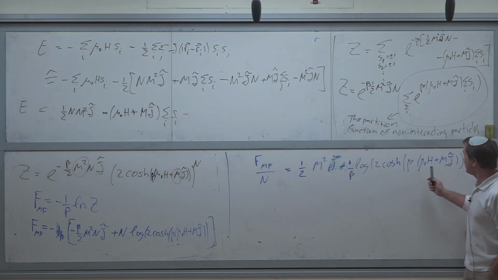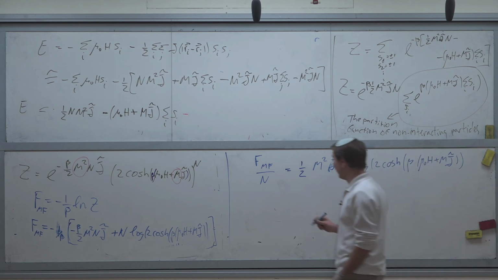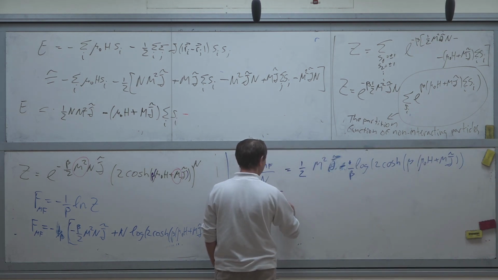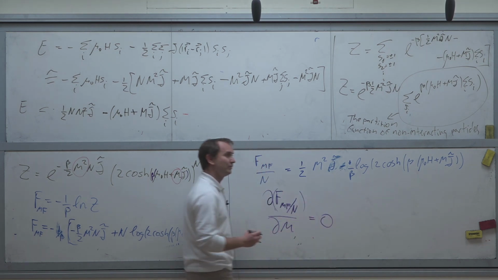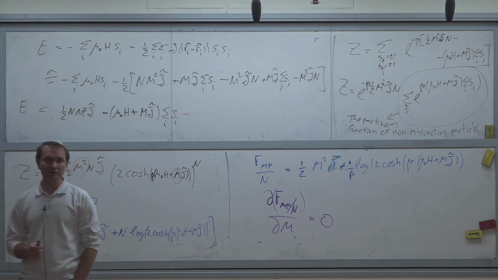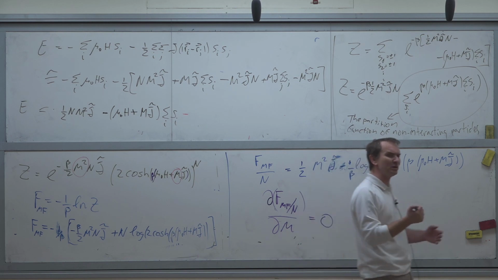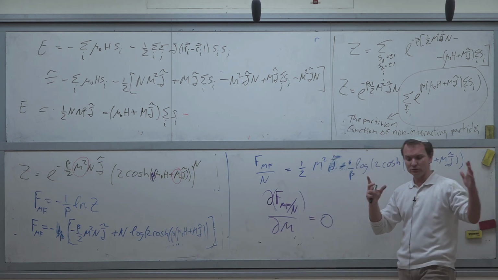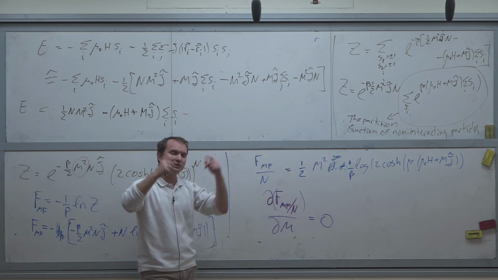So let's use m as our internal parameter and say the following. m should be such that d f_mf by N over dm equals 0. Because the system should be at its minimum, with m being the correct variable. We're assuming there is some field. It's not a field that I applied, it's a field that the system is applying on itself.